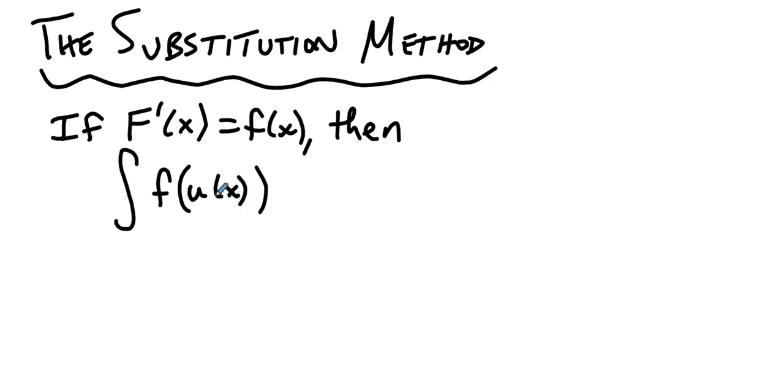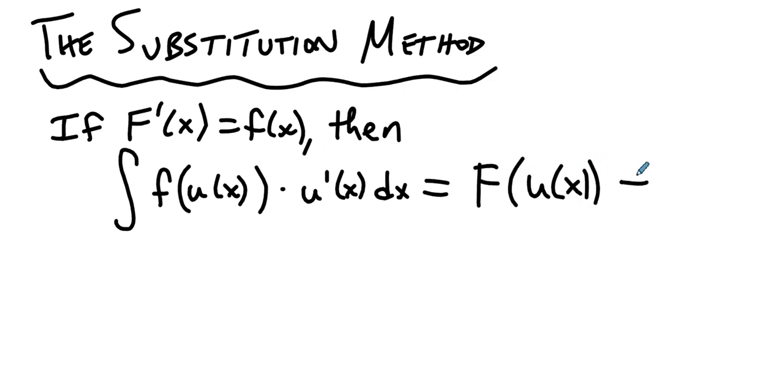It's not the square root of x, it's the square root of something. It's not the sine of x, it's the sine of something. If the derivative of that inside piece is hanging out somewhere inside your integral, then we just do capital F at u plus a constant.